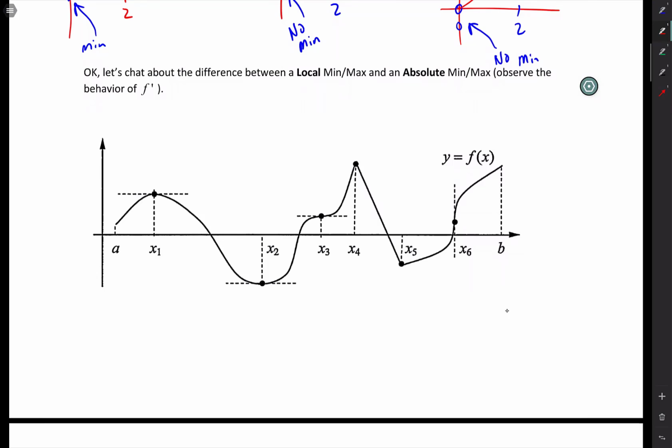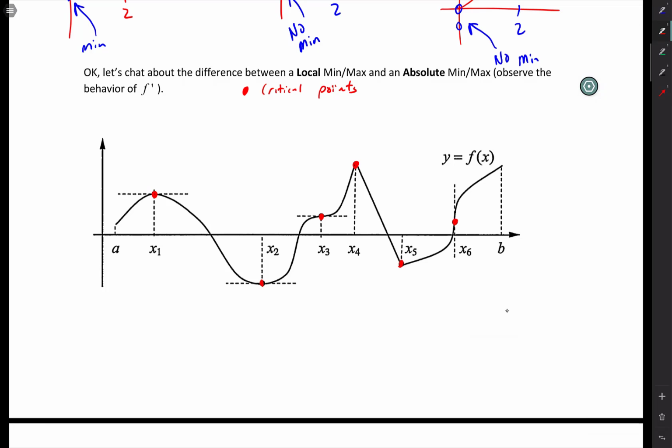Well, I guess I'll fill in the dots for you guys. Everywhere you see a red dot, those are called critical points. Put critical. We're going to talk about that right now.